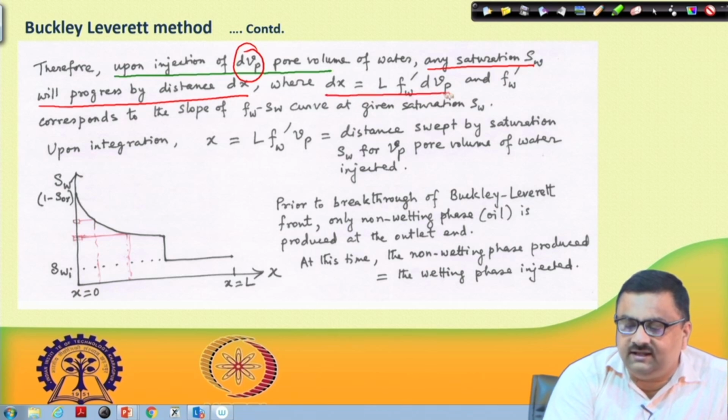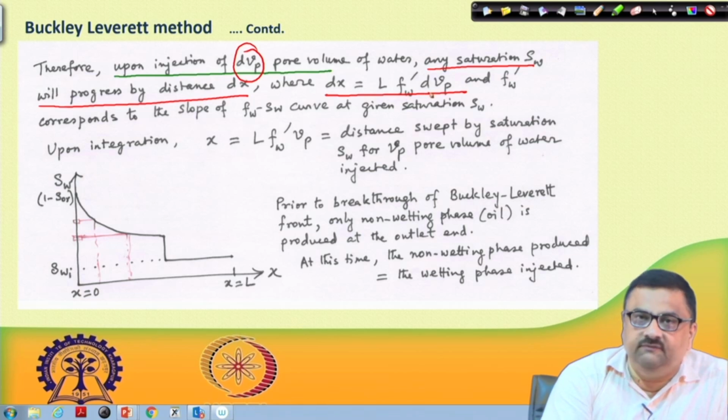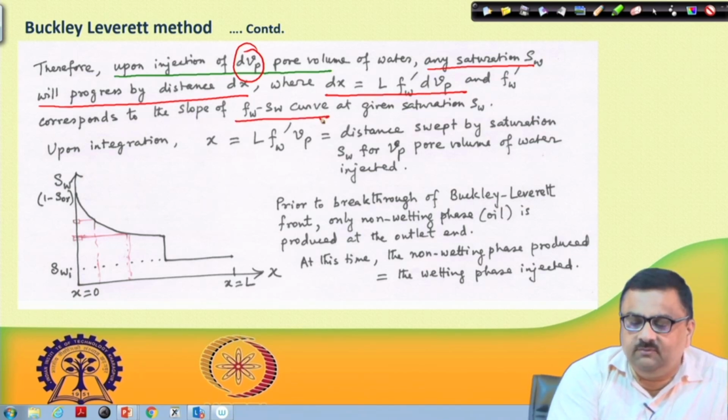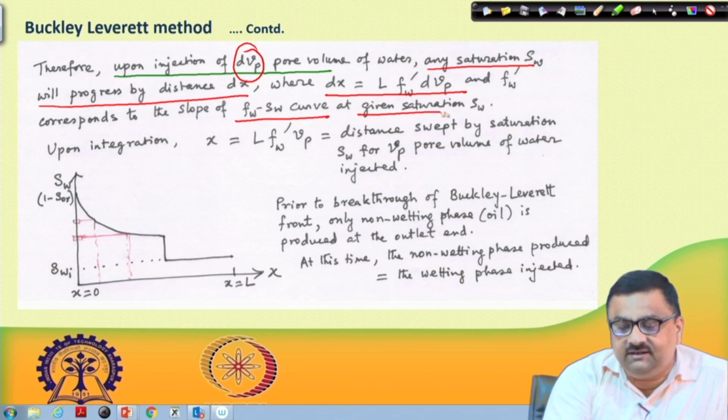So, dx, that movement that takes place, is equal to L Fw prime dVp, and Fw prime corresponds to the slope of Fw-Sw curve at the given saturation.